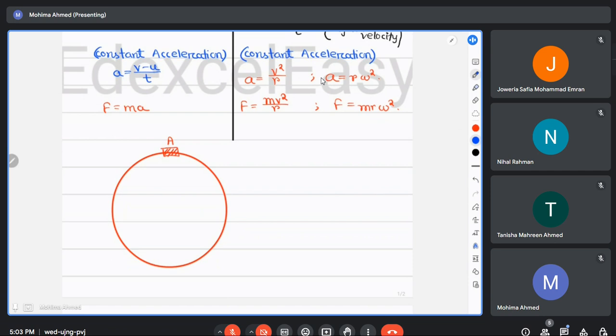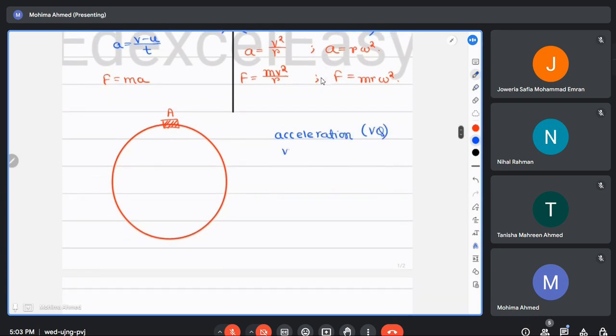But over here, if the object is moving with constant velocity along the circular pathway, the acceleration should change. And exactly for what reason the acceleration should change, we were not able to explain for our IGCSEs or for AS. We only explain this in this way: acceleration is a vector quantity and so is velocity. Right, velocity is also a vector quantity, and because of that it depends on both magnitude and direction.